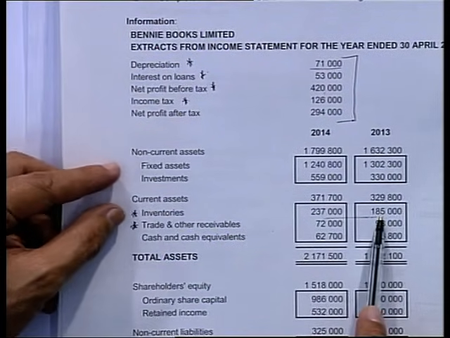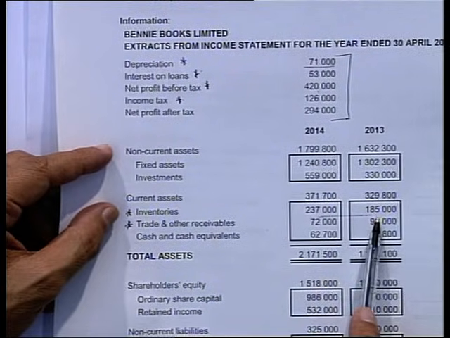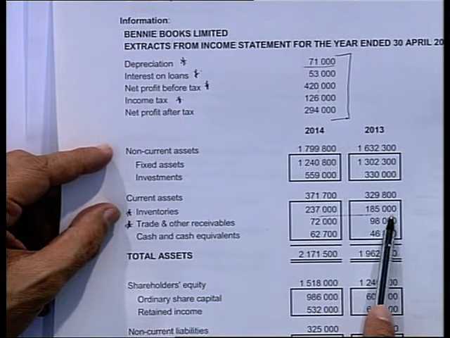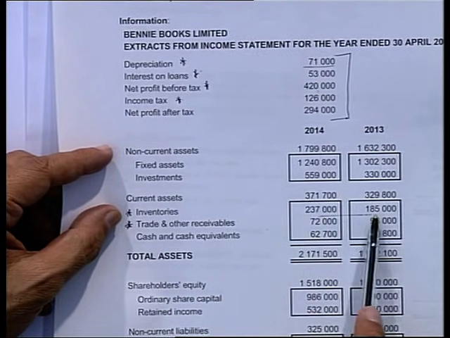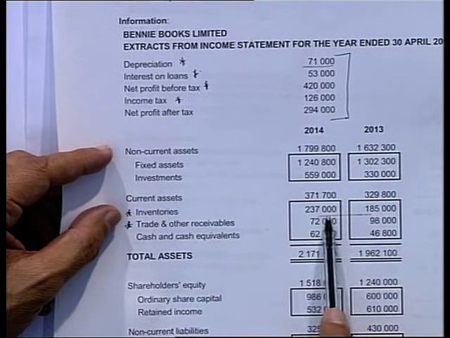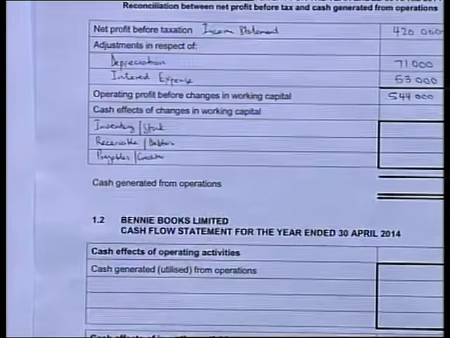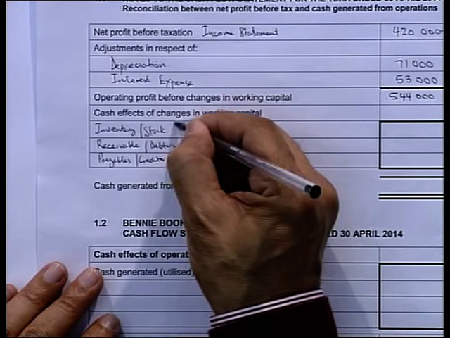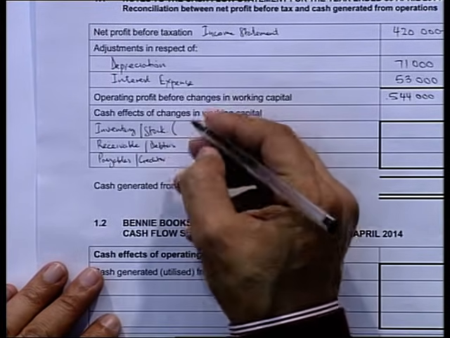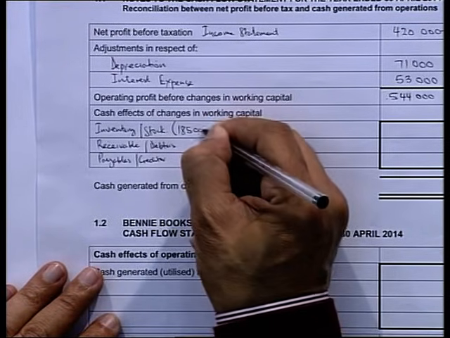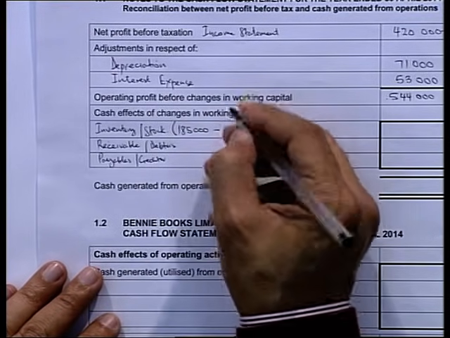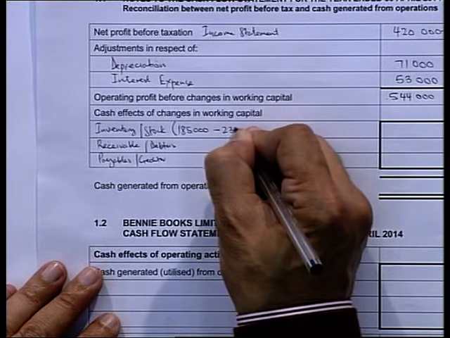So I'm looking at inventory. Last year there was 185,000. This year my inventory increased to 237,000. Those are the two figures that I'm going to use to record in brackets over here. So the inventory, last year it was 185, and this year the inventory is 237,000.